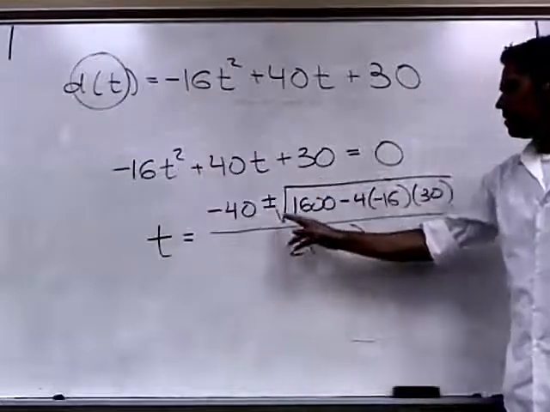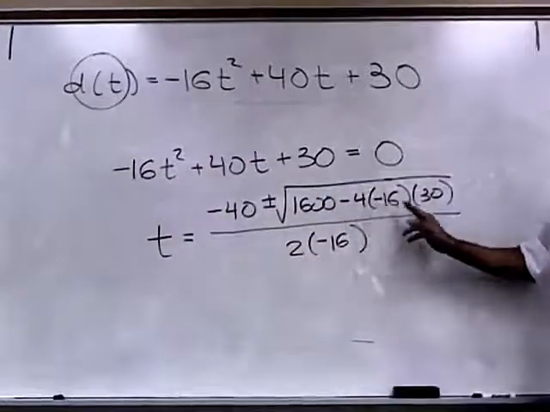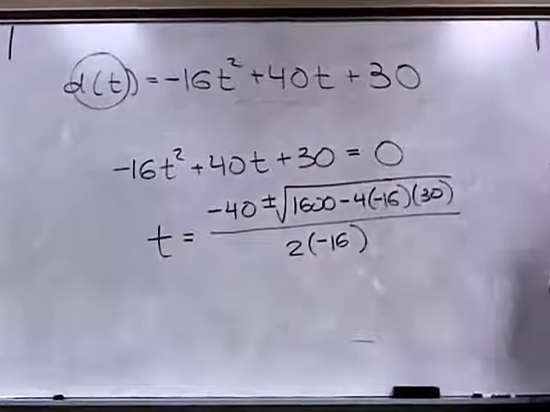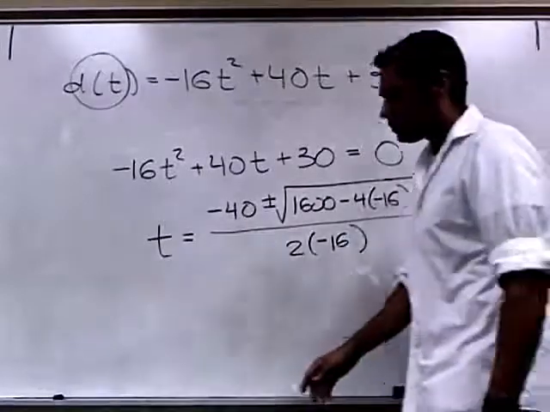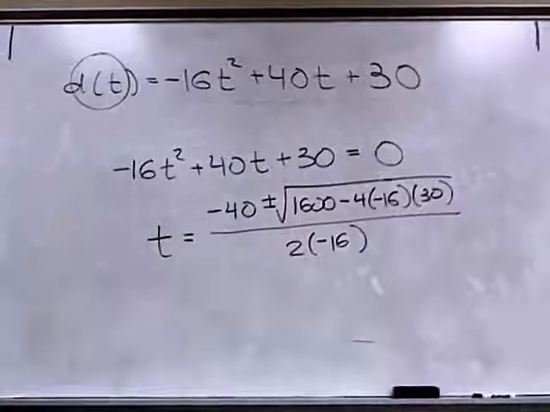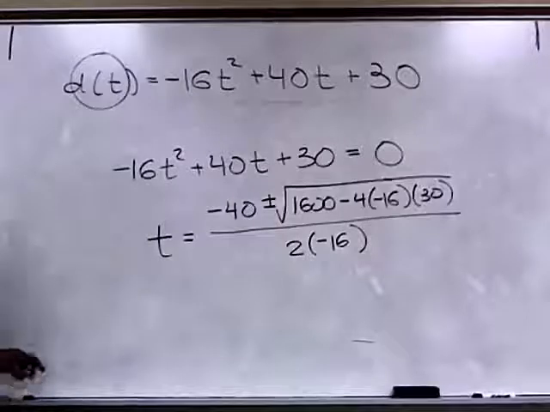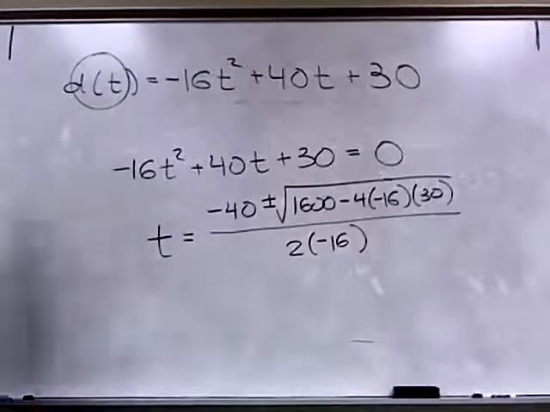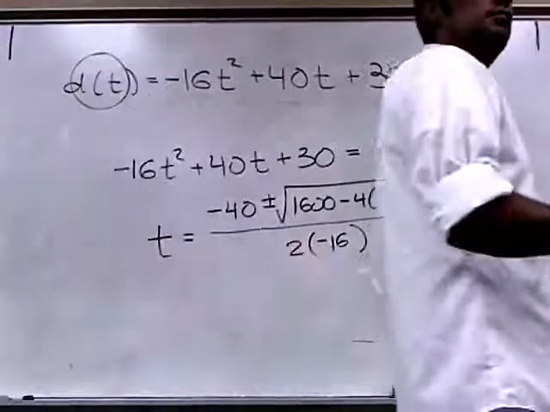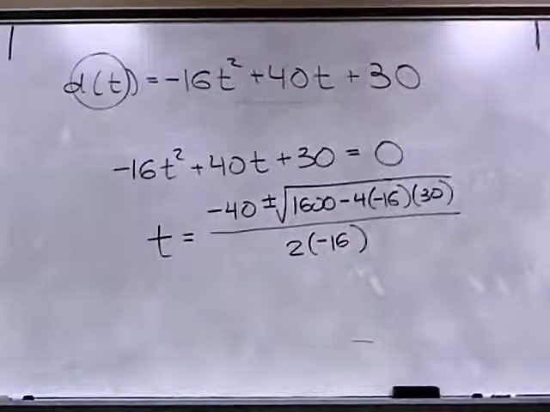Negative b plus or minus square root b squared minus 4ac all over 2a. And then I'll let you figure out what that would be. One of the answers will be negative, which means you throw it out. The other answer is positive. I'll solve it right here.